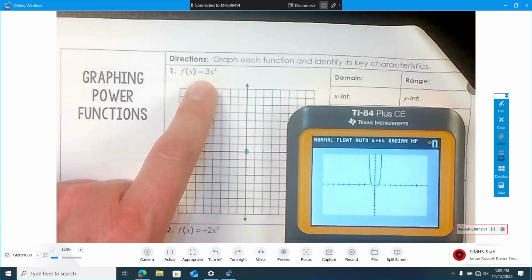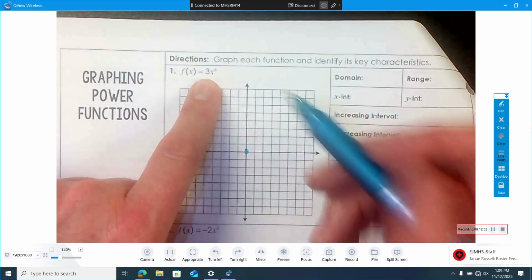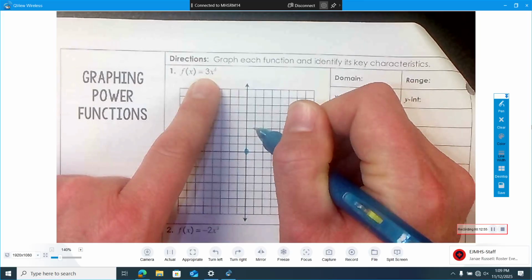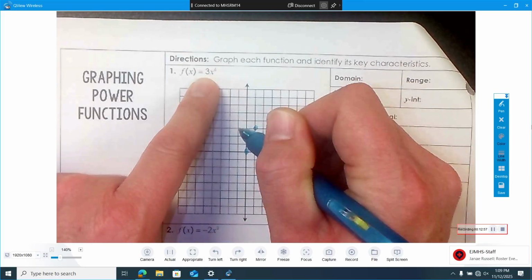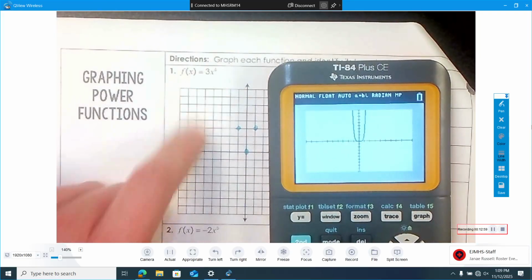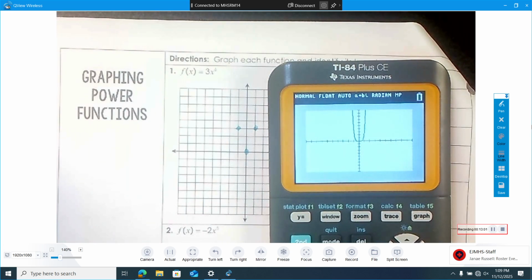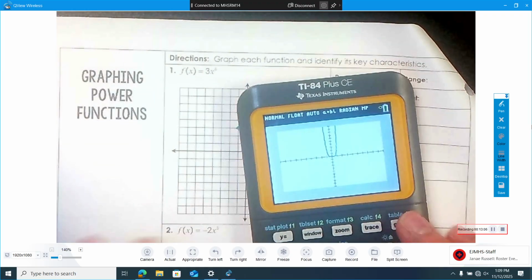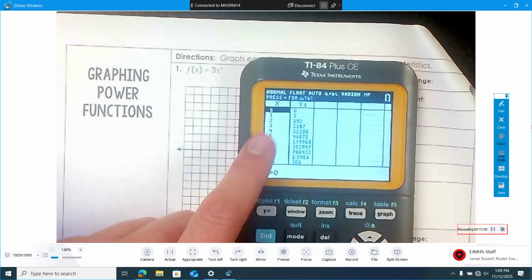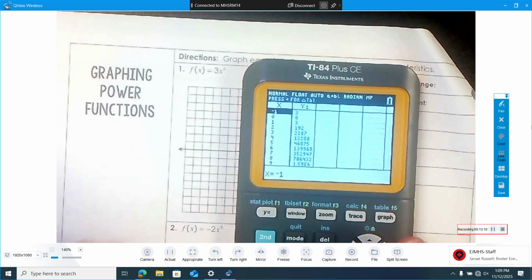You are absolutely right. If you plug in a 1, we get the ordered pair (1, 3). And if you plug in a negative 1, you also get the ordered pair (-1, 3). So it has symmetry. You could look at the table if you wanted to and see that we have (1, 3) and (-1, 3) on there.